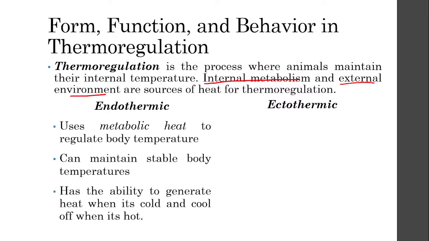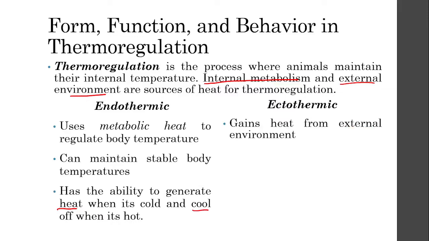Also, they have the ability to generate heat when it's cold or cool off when it's too hot. So even though we keep talking about metabolic heat, this regulation of body temperature can either generate heat or cool off the person. So it can lower or increase your body temperature.